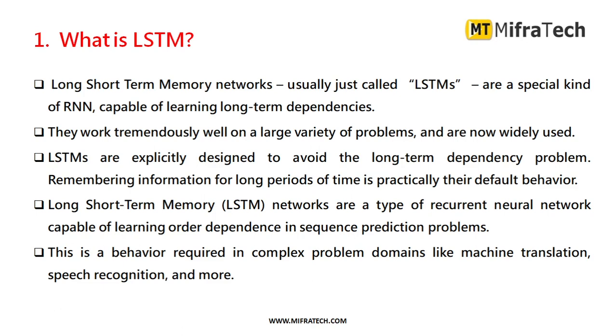So whenever you're predicting a sequence by remembering the previous sequence, LSTM helps us do that. This is a behavior required in complex problems, like machine translation or speech recognition and more. In different complex areas this LSTM is used.